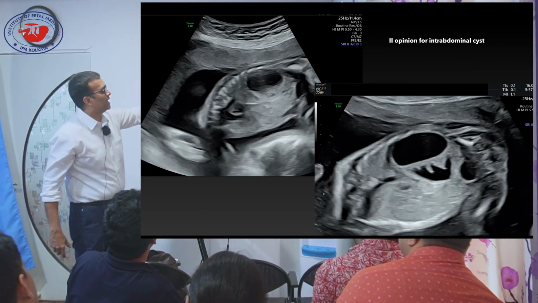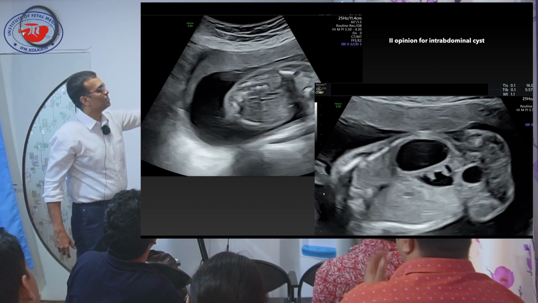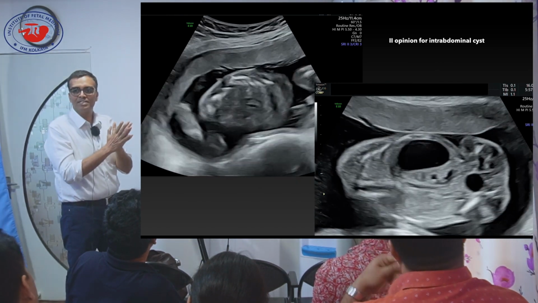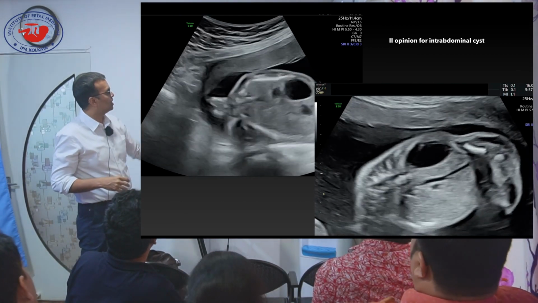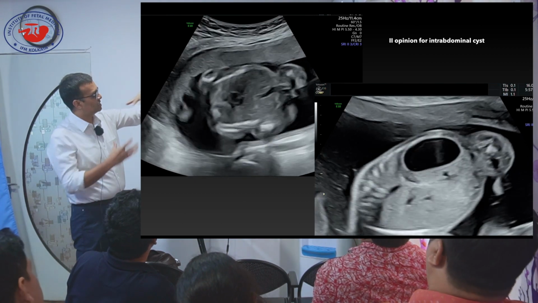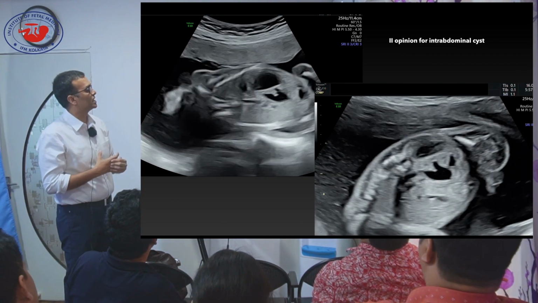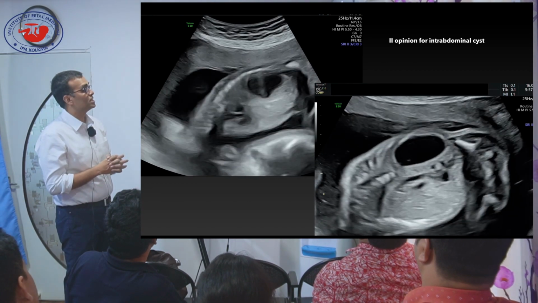Because of the hydronephrotic changes, you are seeing a dilated collecting system, and if that dilated collecting system ruptures or gives way, there will be a loculated collection. So this was a perinephric urinoma, just on the capsule of this dilated collecting system of the kidney, but it is not any kind of intra-abdominal cyst.